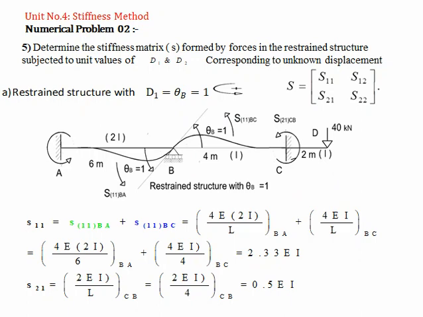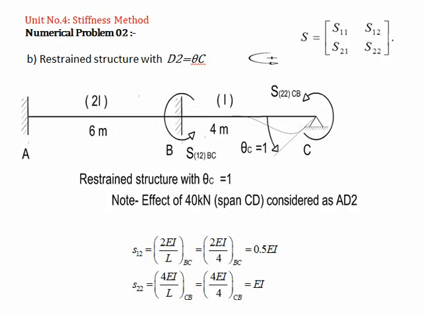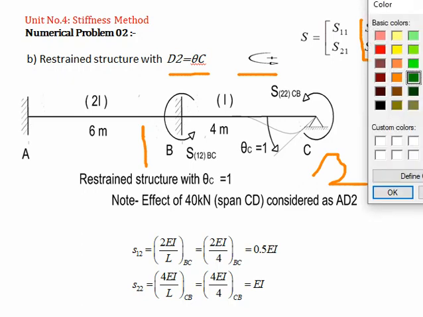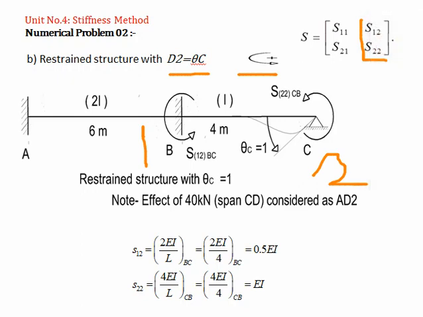Then we also calculate the second column of the matrix. For that, we apply the unit rotation along theta c in the anticlockwise direction, and from that we calculate S12 and S22. This is the location of the first unknown, and at C there is the location of the second unknown, and we apply the unit rotation for theta c.